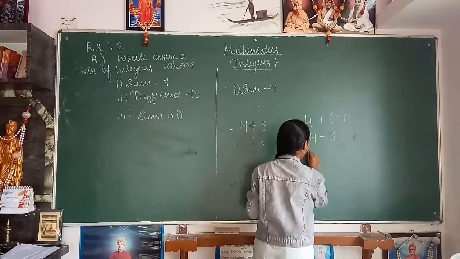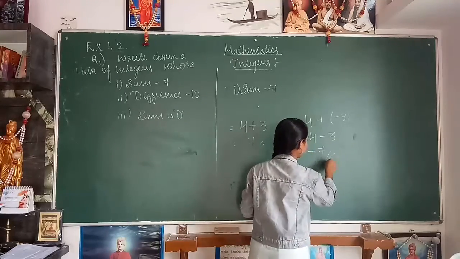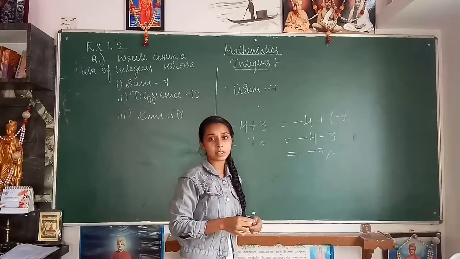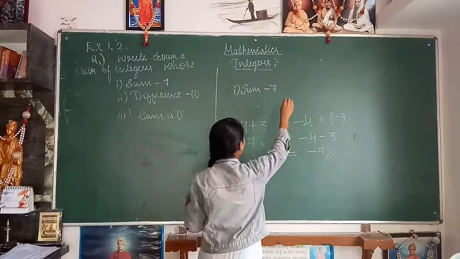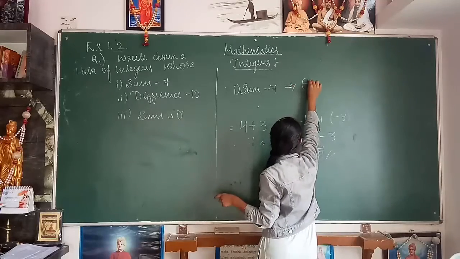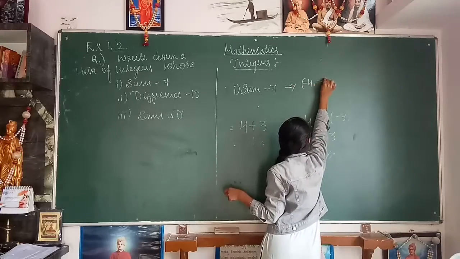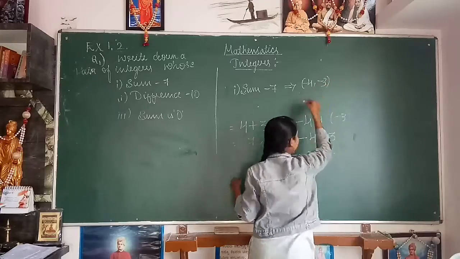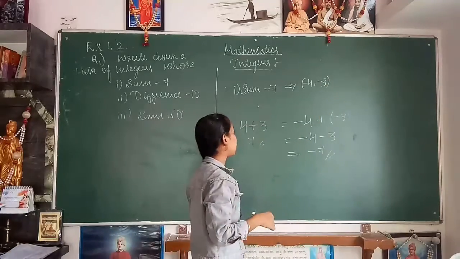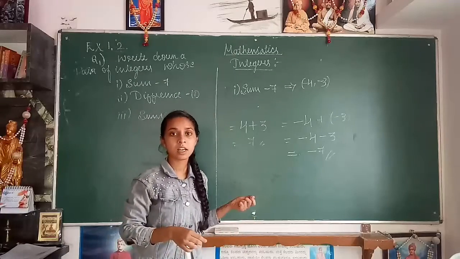So this is the answer. What is the answer? Minus 4 and also minus 3. So the sum of minus 7 is minus 4 and minus 3. When we add both numbers, we get the sum of minus 7.